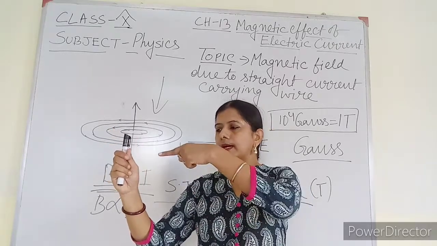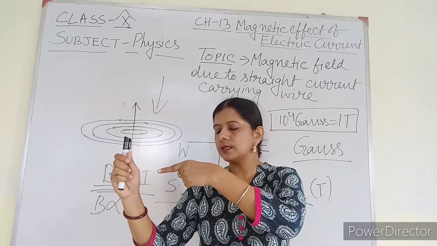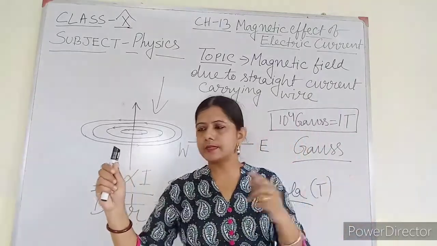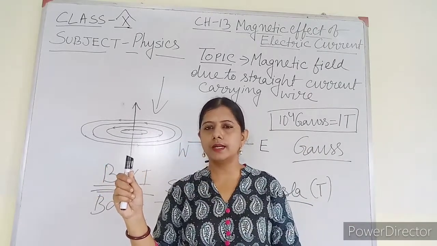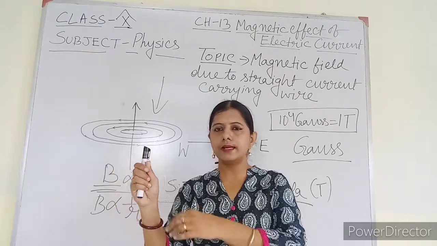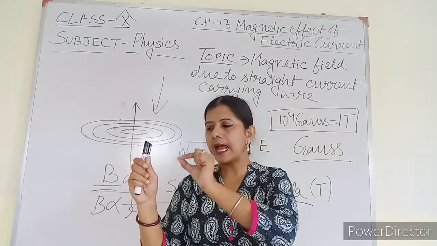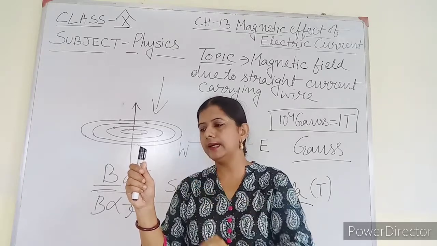So if I have to find out a point in this side, that means towards left side, this is a particular point. At this point, what is the direction of magnetic field line?